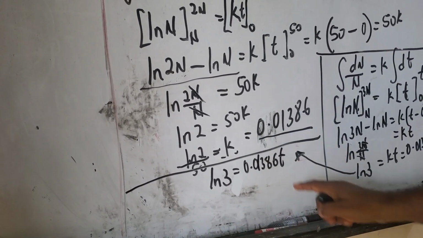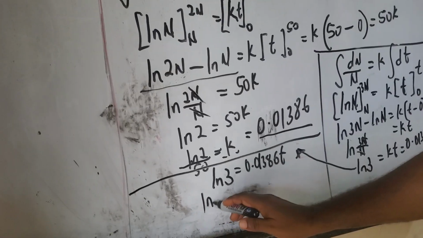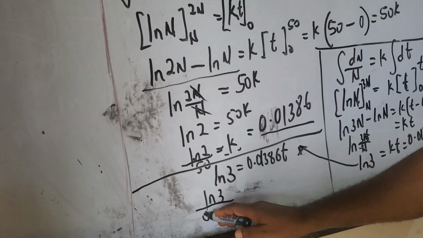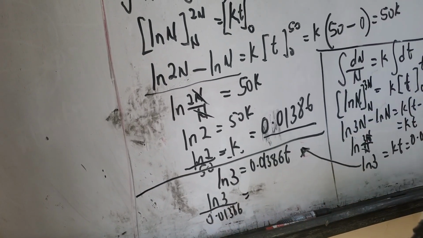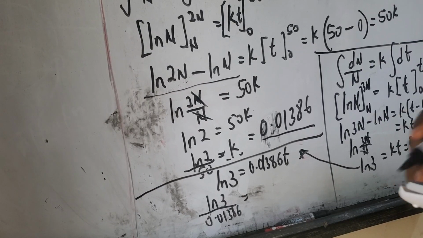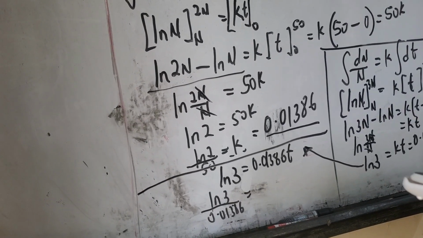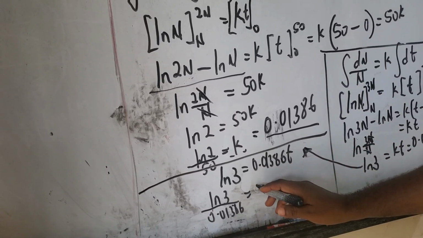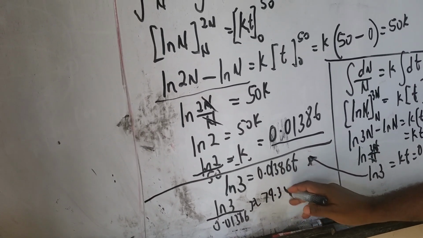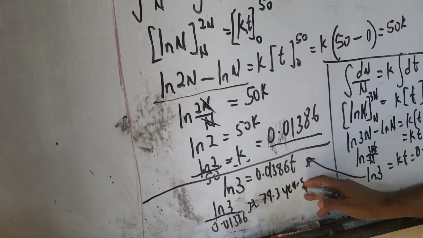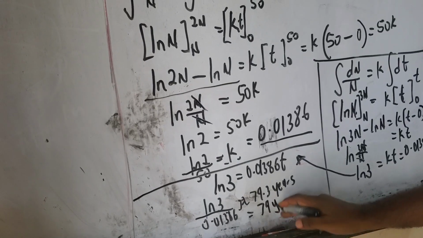So it's going to be ln 3 divided by 0.01386. And from the calculation, ln 3 divided by 0.01386 is giving me approximately 79.3 years, which can be rounded to roughly 79 years.